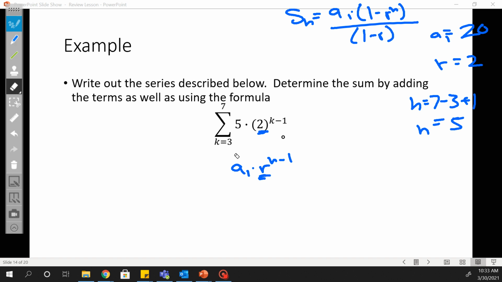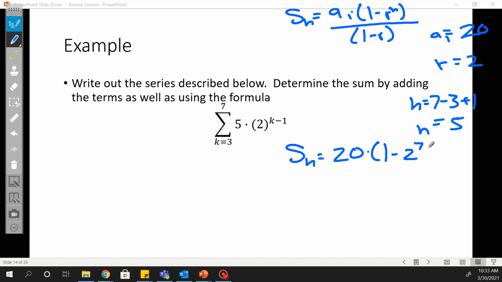So I can use the formula now to compute the sum of this. So the sum is equal to the first term 20, 1 minus 2 to the 7th, nope, 2 to the 5th. I think I messed that up in the first class period. Over 1 minus r, which is 2.